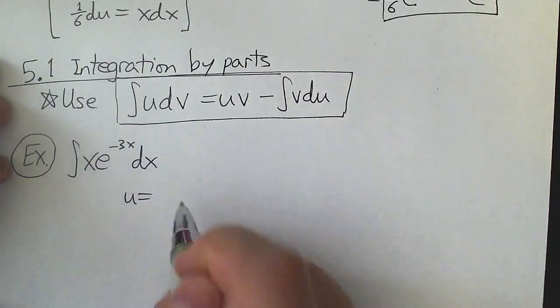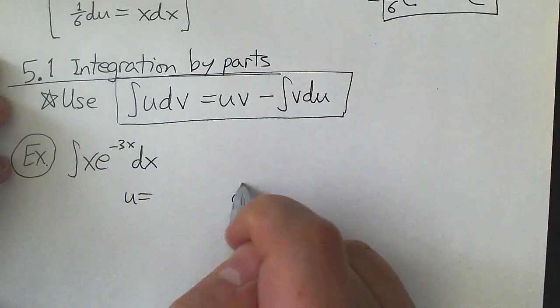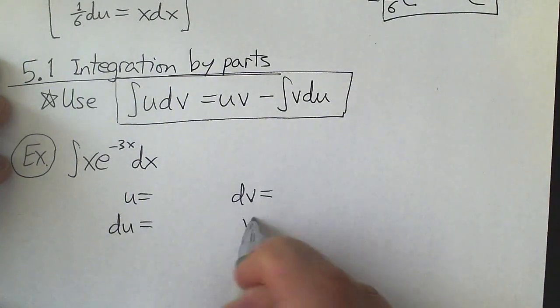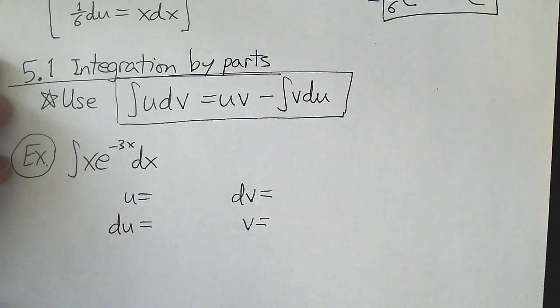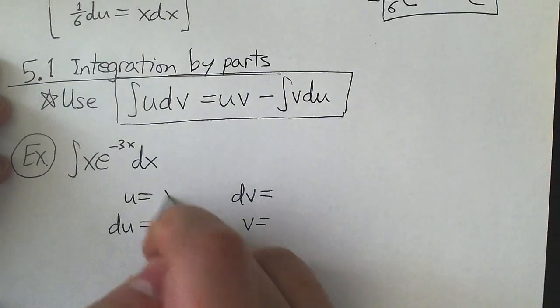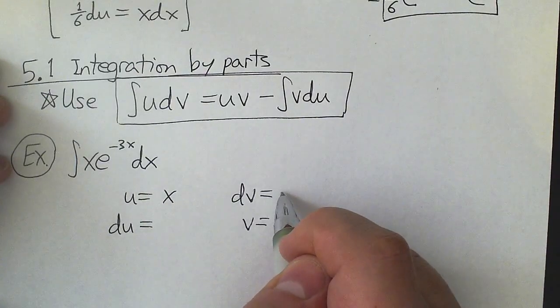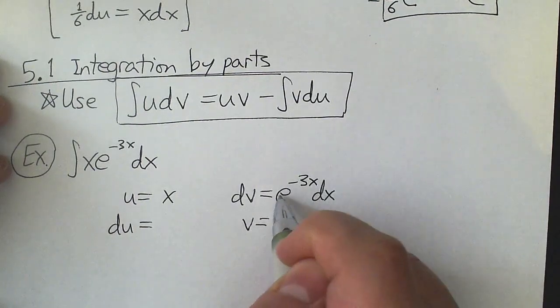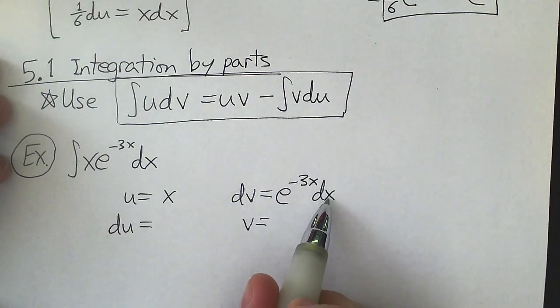That's why we use integration by parts. For that, we usually set up the 4 pieces that we need. I think a good choice of u is x, which means dv has to be everything else. So the dv should have a dx attached to it.